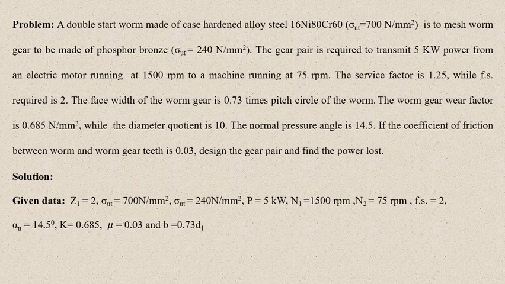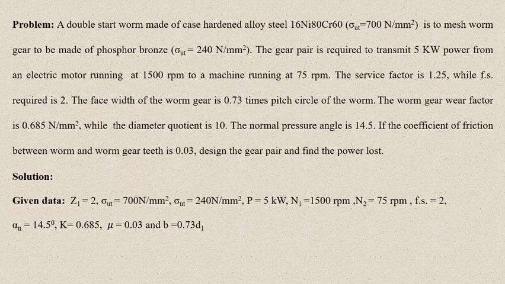Now come to the problem. A double start worm made of case hardened alloy steel 16Ni80Cr60 is to mesh with a worm gear made of phosphor bronze with the ultimate tensile strength of 240 Newton per mm square. The gear pair is required to transmit 5 kilowatt power from an electric motor running at 1500 rpm to a machine running at 75 rpm.